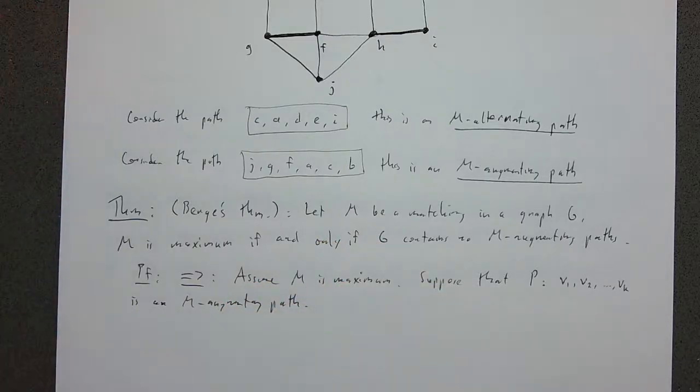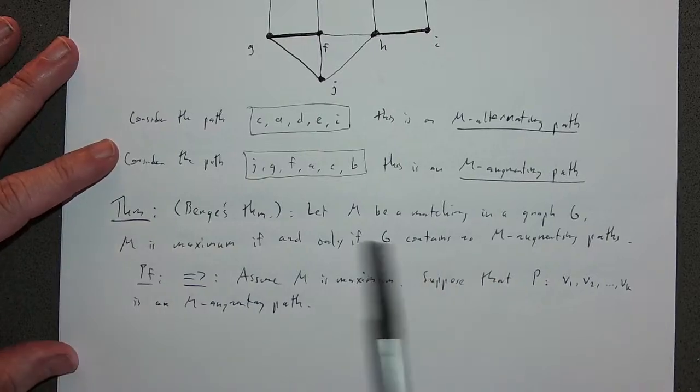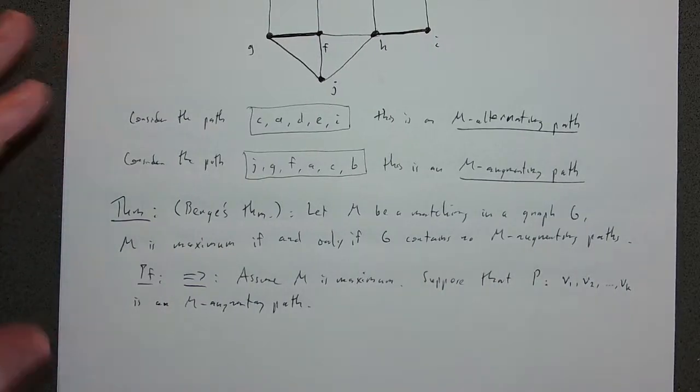What is the idea here? The idea is to use proof by contradiction, and the reason for this is because I just feel like I need to assume that I do have an M augmenting path to give me something to get my hands on. Showing that there can't possibly be an M augmenting path, how would I do that?